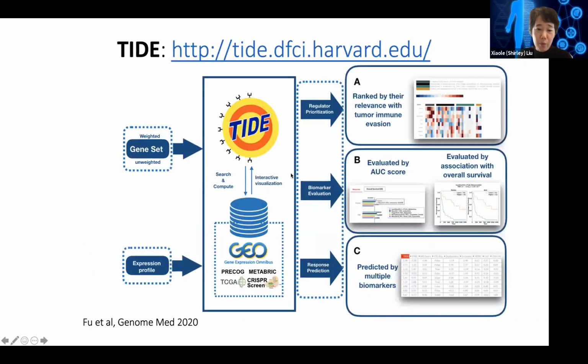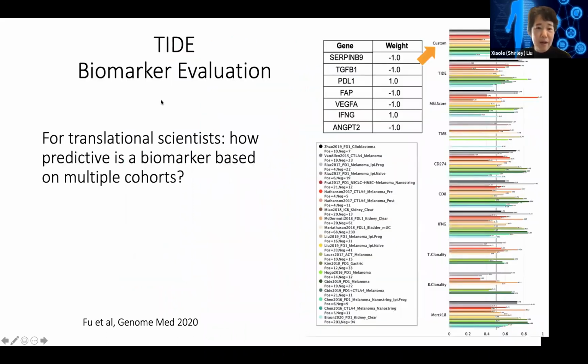And so we have this website, and we have been accumulating a lot more immunotherapy clinical trial data, and also we are implementing additional reported immunotherapy response biomarkers. We have this paper that has a number of functions. The first is a biomarker evaluation feature.